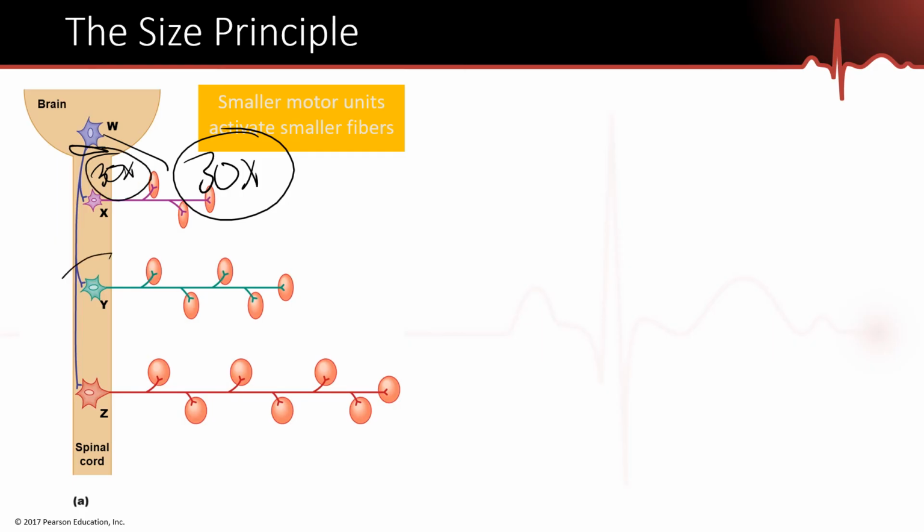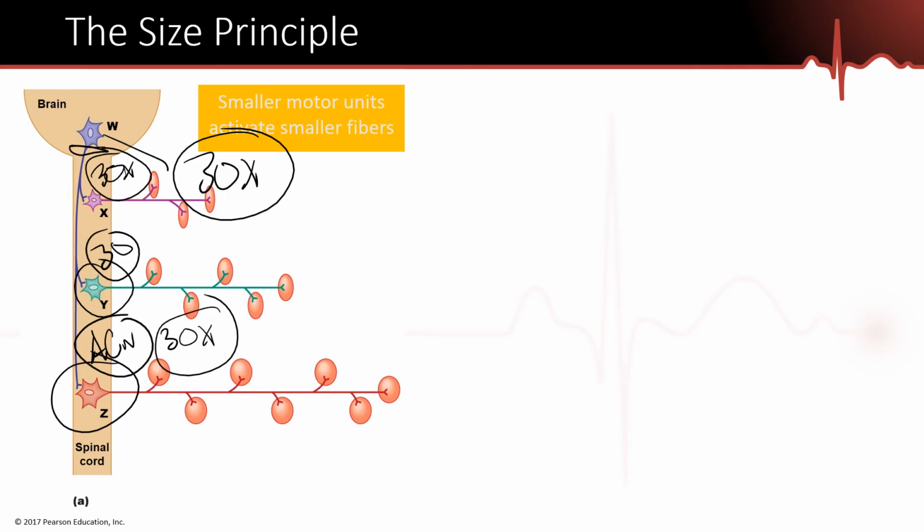Alpha motor neuron Y, you need to release acetylcholine onto it 20 times per second to get it to threshold, but you're releasing 30. So alpha motor neuron Y easily gets to threshold. And now, finally, alpha motor neuron Z. If you release ACh 30 times onto it over the course of a second, you'll release enough ACh onto it so that enough sodium will get into alpha motor neuron Z to get it to threshold, and alpha motor neuron Z will in fact generate an action potential.